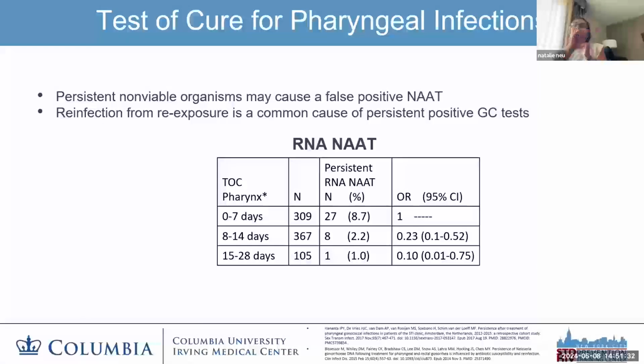The last line in this table, at 15 to 28 days, you're down to 1%. So it's unlikely you're going to have a false positive test if you retest them after 15 days. This is why we recommend them coming back in that time frame. Next slide.